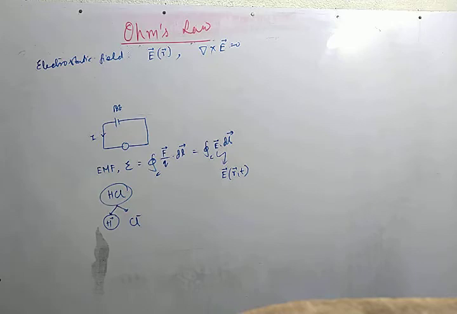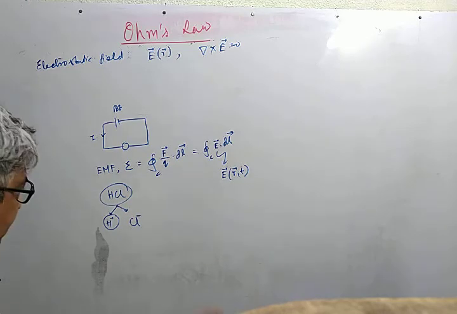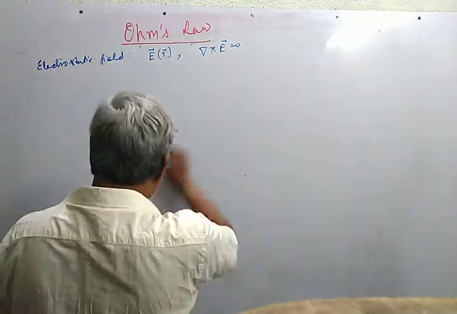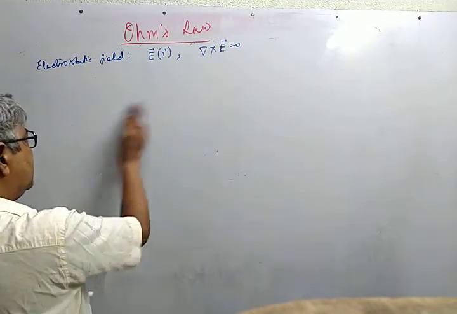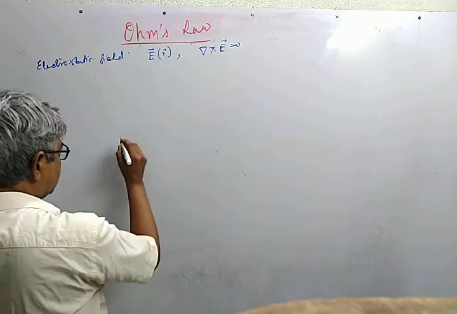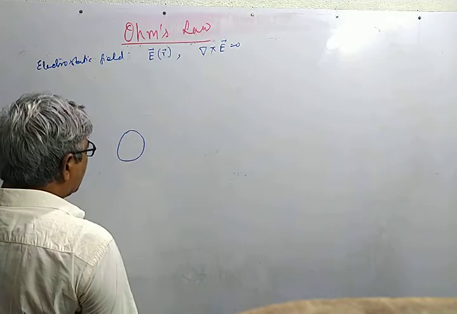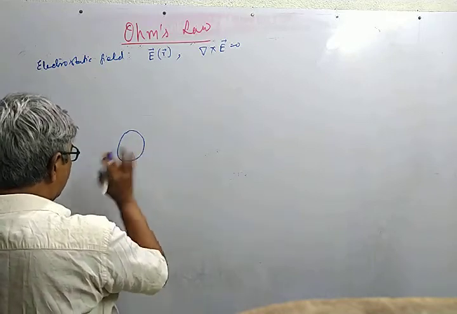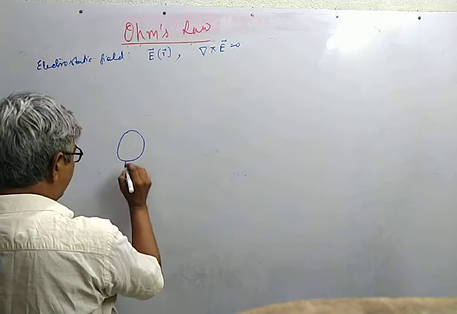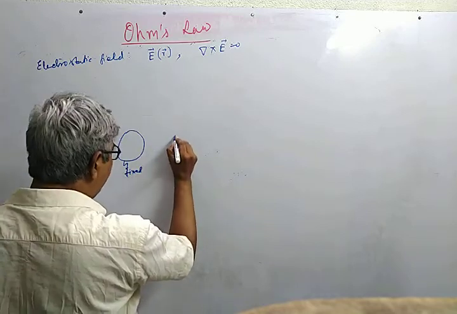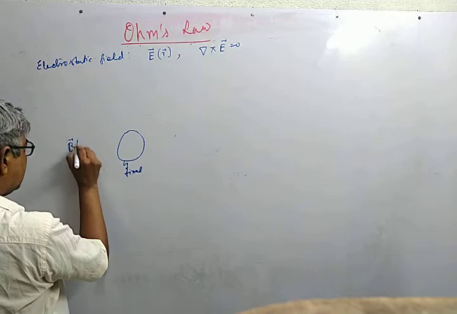This electric field or electromagnetic field, so to say, may also arise due to the relative motion between a closed current loop and a magnetic field. As for example, consider a ring. A fixed ring is placed in a time varying magnetic field, a B field which is a function of time.